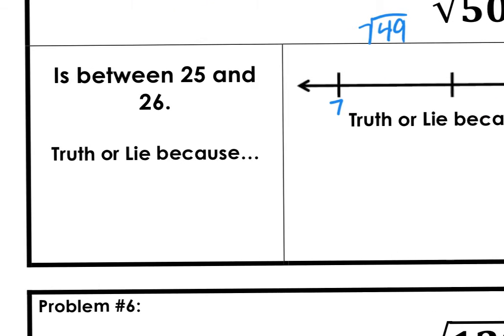So here's number 1. It says it is between 25 and 26. That is a lie, because 25 squared equals a really big number.